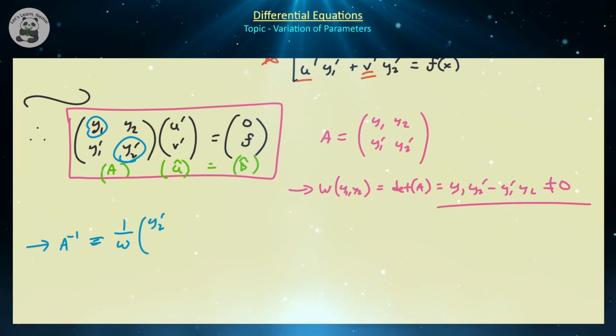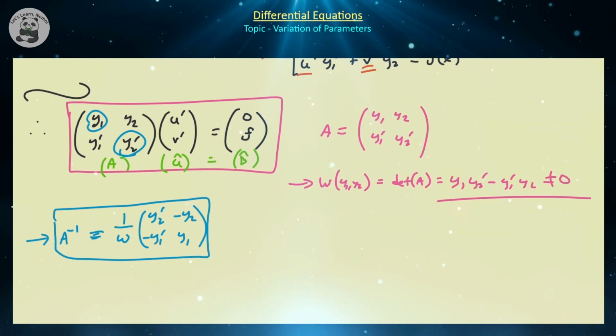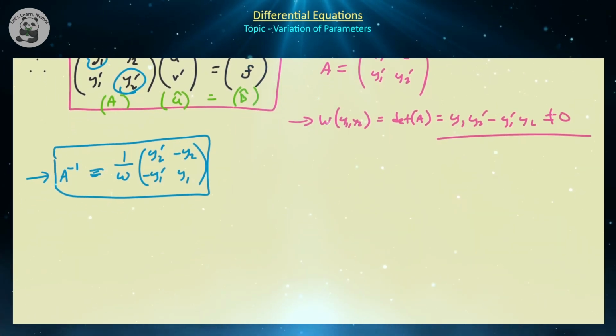So we're going to have y2 prime, y1, minus y2, minus y1 prime. So that's going to be the inverse of that particular matrix A. And then we can solve this equation for u prime, v prime.